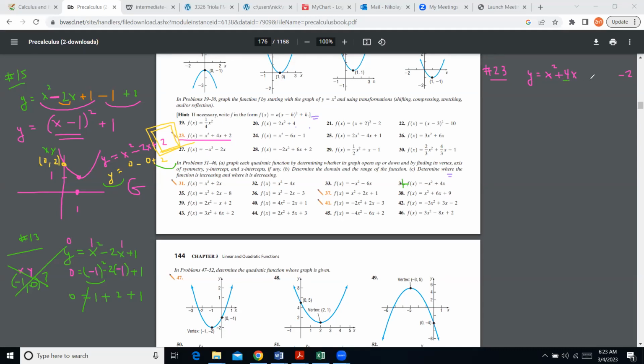And this number will be half of what is multiplied by x, which is 2. So what I need is to add 2 squared, which is 4, and to subtract that same number 4. So this helps me to complete the square.